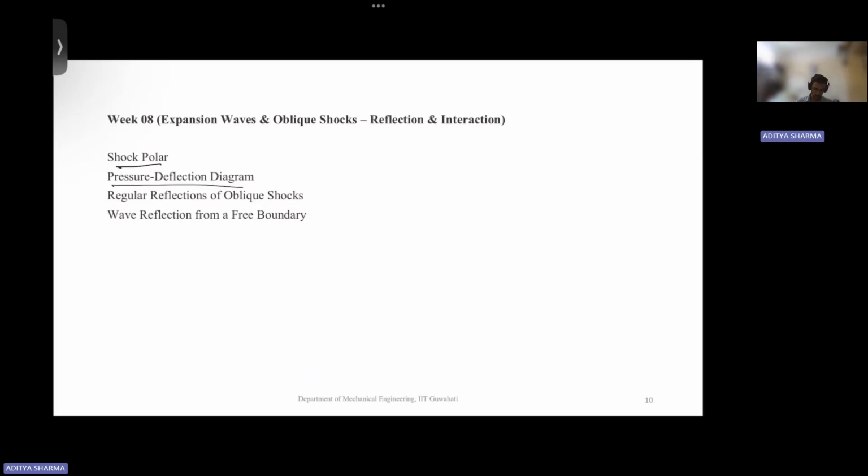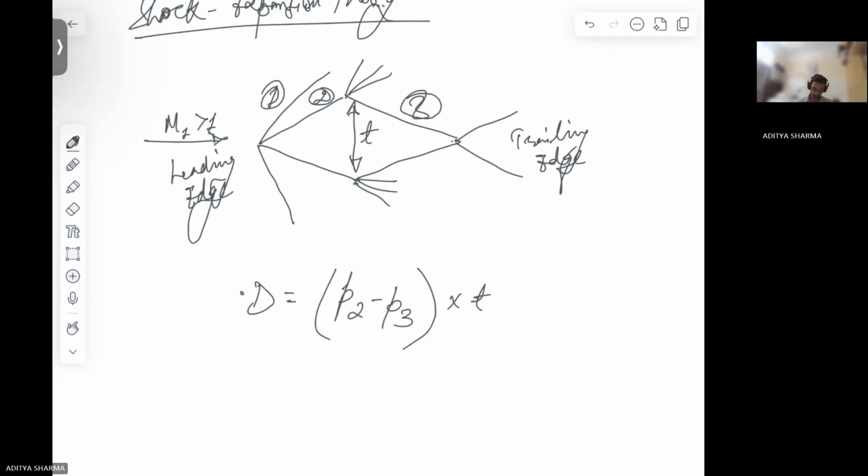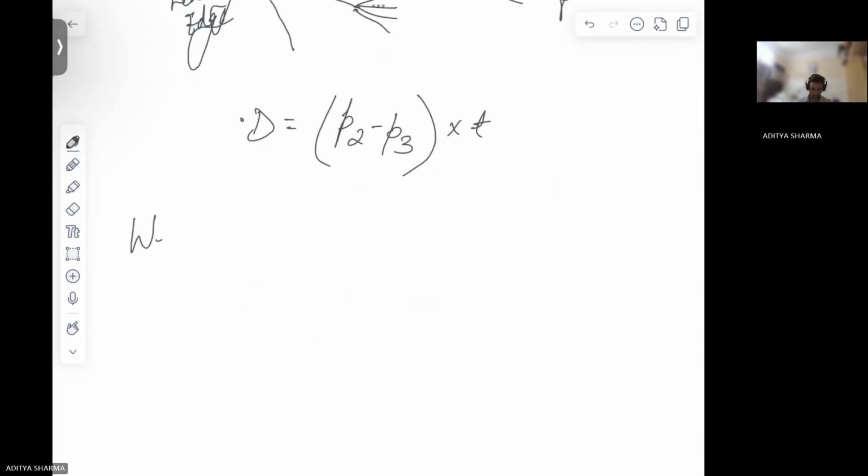Shock polar, pressure deflection diagram, regular reflections of oblique shocks, and wave reflection from free boundary. So week 8. Shock polar.